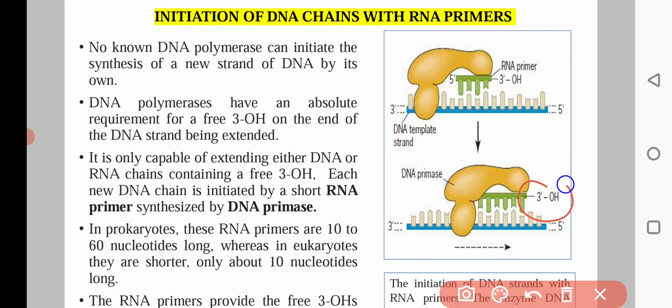Now on this free 3' OH group, the DNA polymerase enzyme can start adding new nucleotides. In this manner, it can only extend this strand, by taking the old DNA strand as a template.